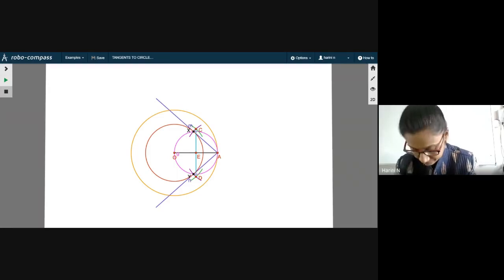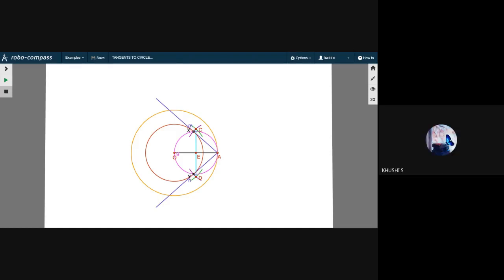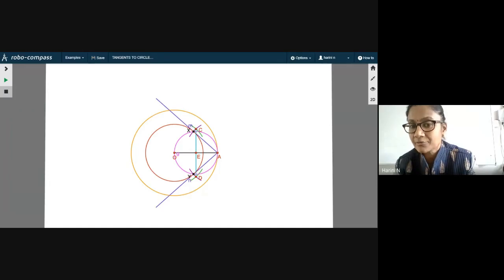Next. Locate a point A on the circle, anywhere on the circumference of the second circle. Good.